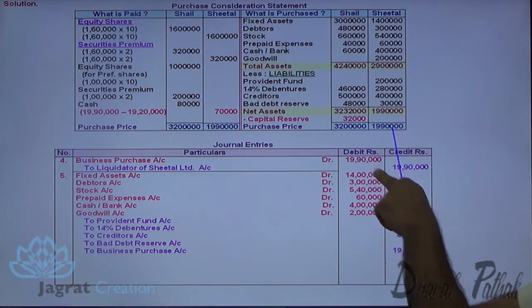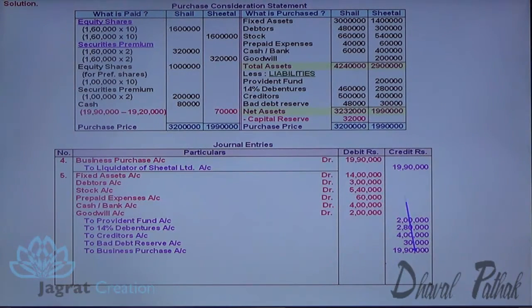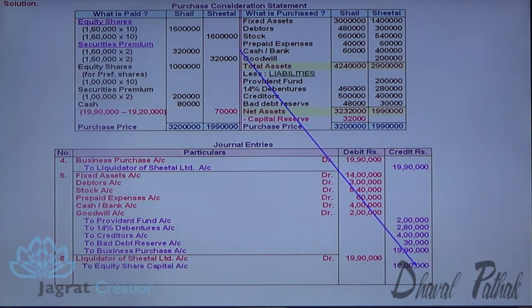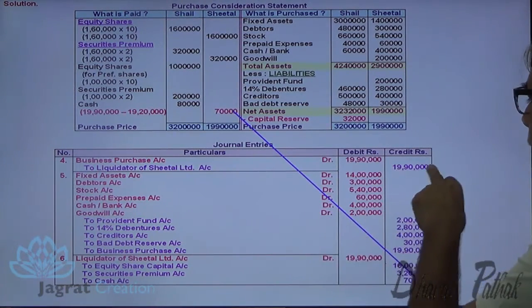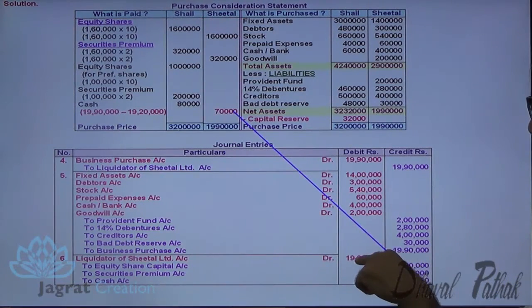So business purchase account debit and credit gets closed. Liquidator of Sheetal Ltd account debit to equity share capital 16 lakhs, to security premium 20,000, to cash 70,000. Being payment made to the liquidator of Sheetal Ltd, this account 19,90,000 is credited, is now debited, so the account gets closed.